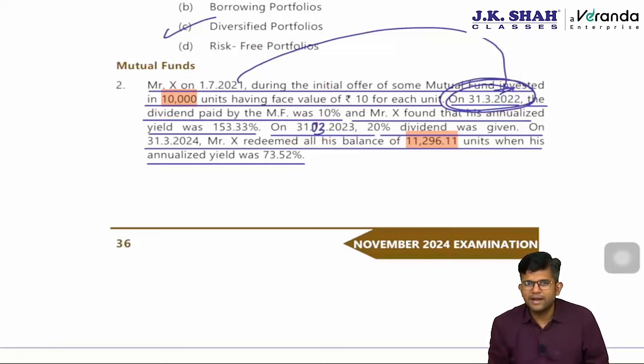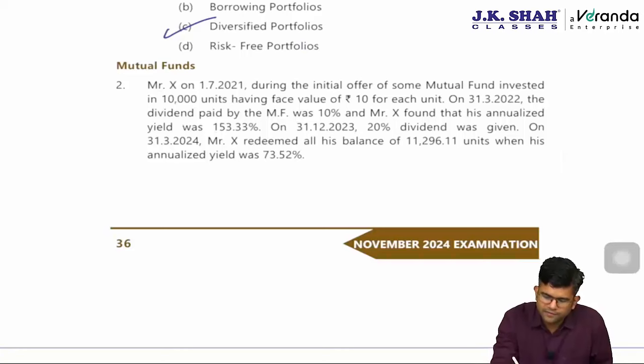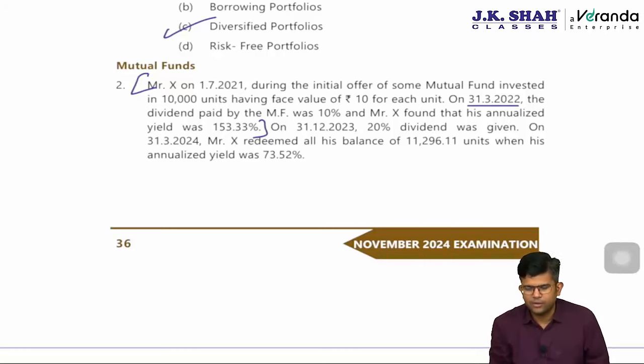So we have to calculate NAV of 3 dates now: 31/3/2022, 23 and 24. So let us now all focus on the first part, to find the NAV on 31/3/2022. So it's a very simple question.